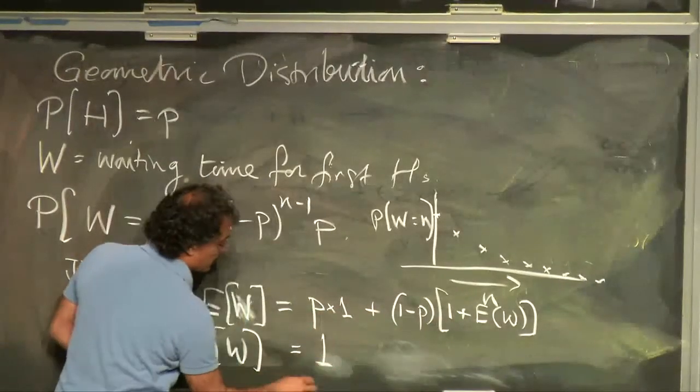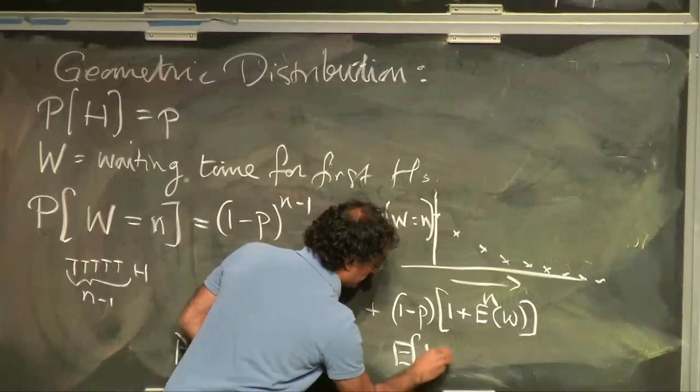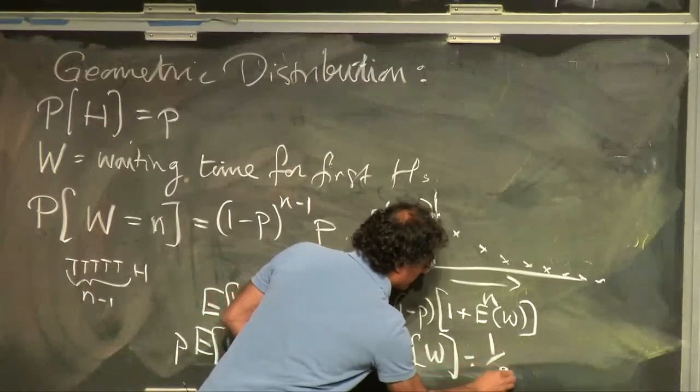That's 1. So expected value of W equals 1 over p.